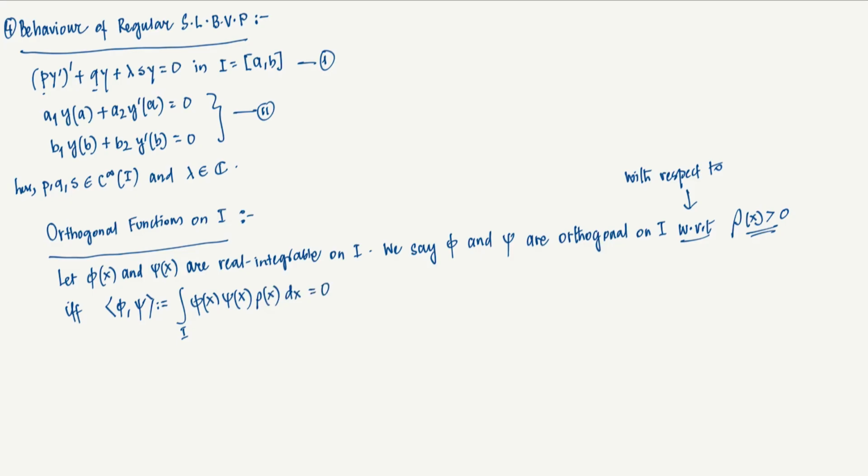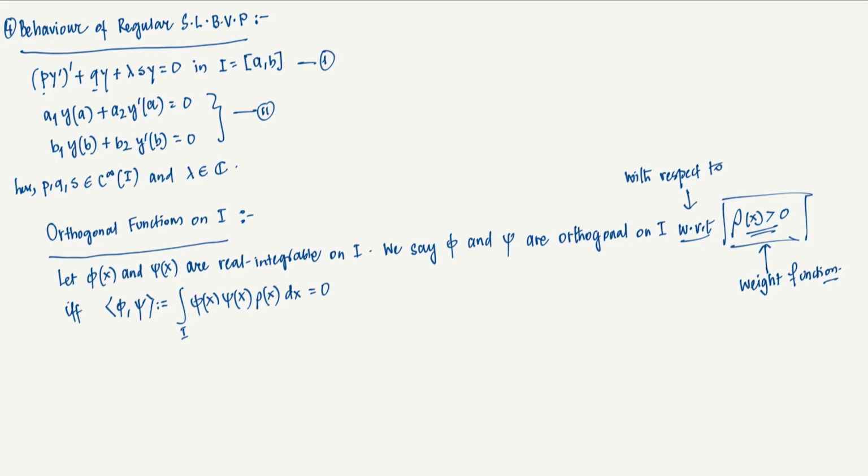For two vectors, if the dot product is 0, then that is orthogonal. Here for two functions, the multiplication of the two functions with rho of x should integrate to 0. A very important thing is rho has to be a positive function, and we call this rho a weight function. So we say it is orthogonal with respect to the weight function.